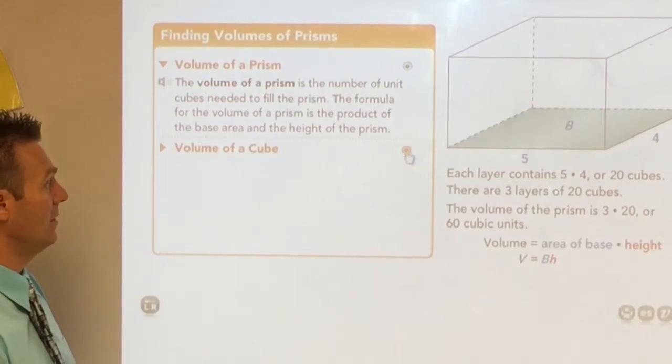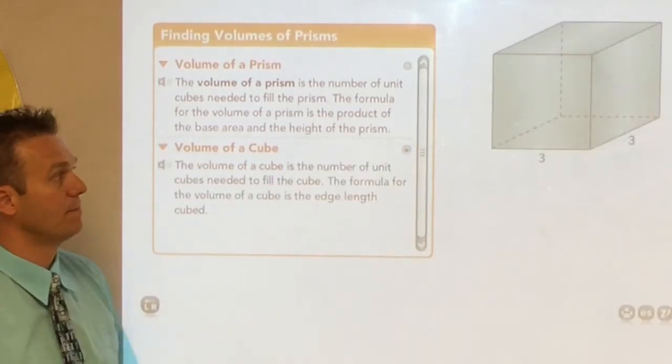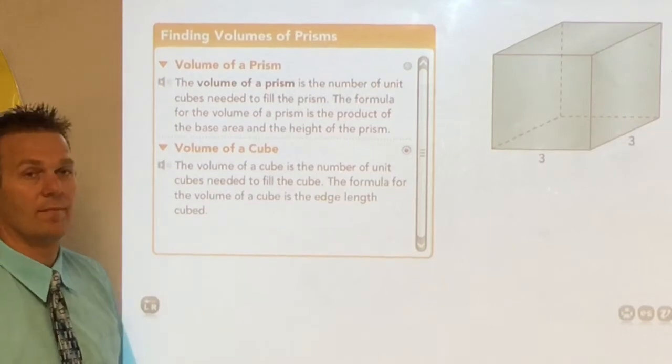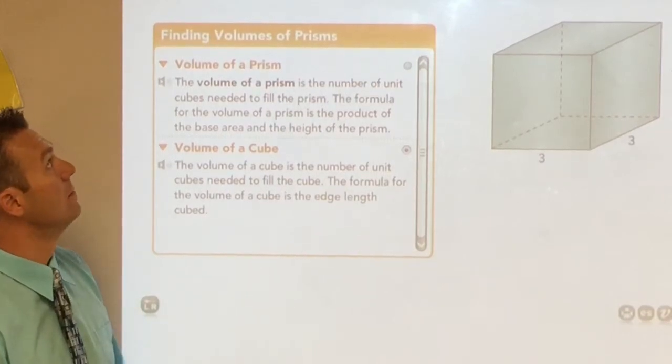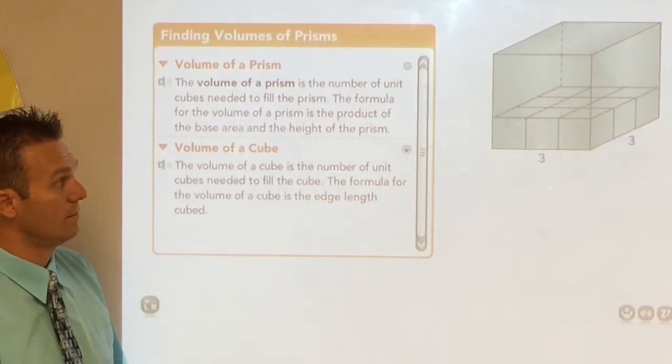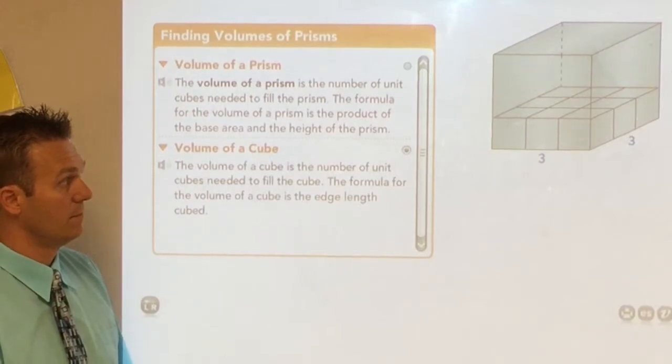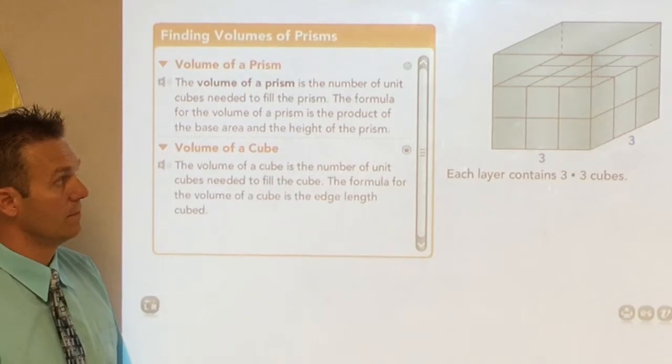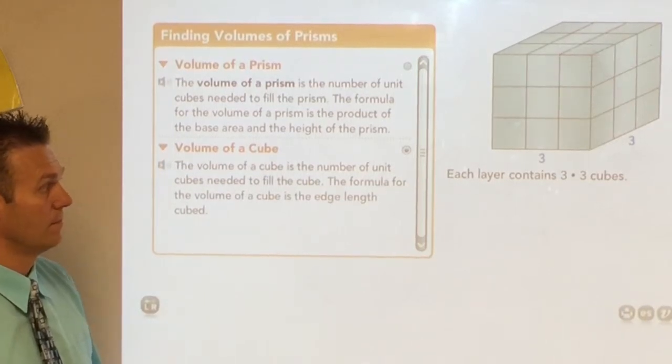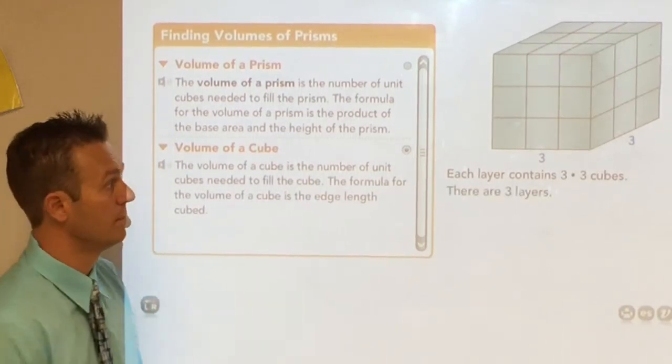So let's look at the next one, the volume of the cube. You can determine the volume of a cube by finding out how many unit cubes are needed to fill it. Each layer contains 3 times 3 cubes. There are 3 layers.